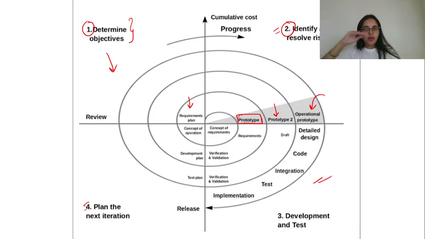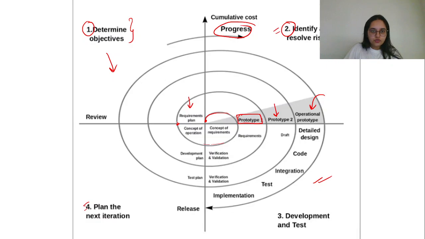So as these spirals are moving, you can see the progress associated with that. After one spiral, let's say the spiral starts from this point, goes around, and completes at this point. So one spiral is done, and you see the progress that is being made.